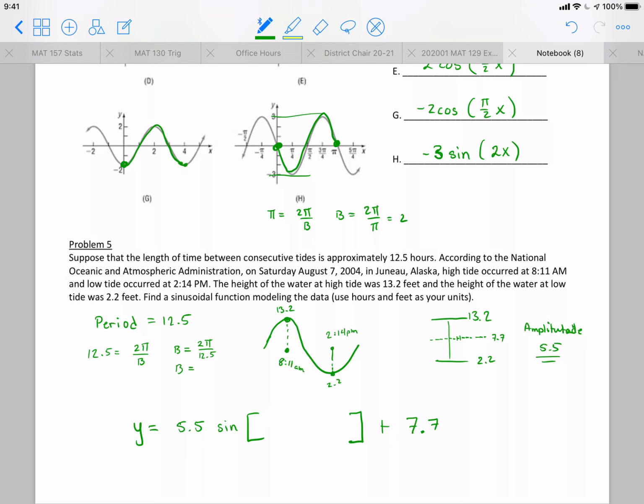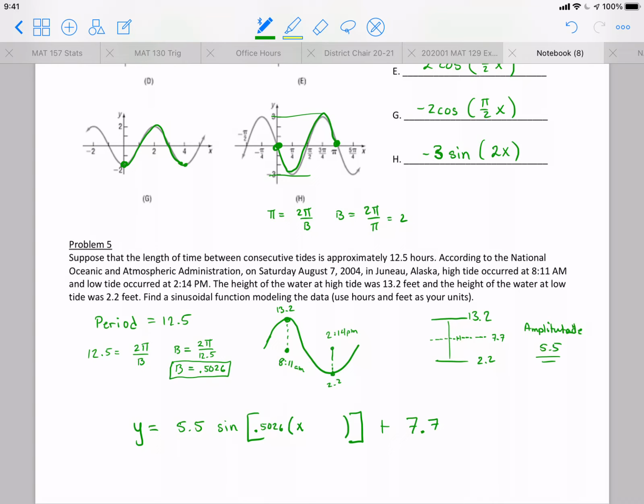And so I get 0.5026. So my b is 0.5026, parentheses x. Now left or right shift.